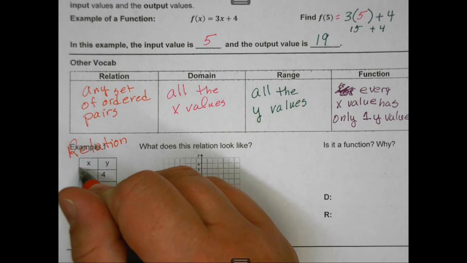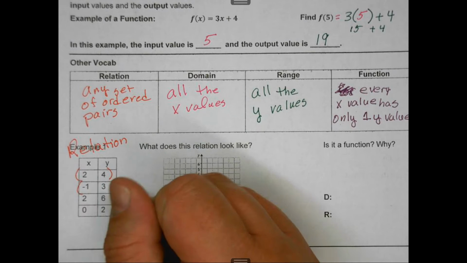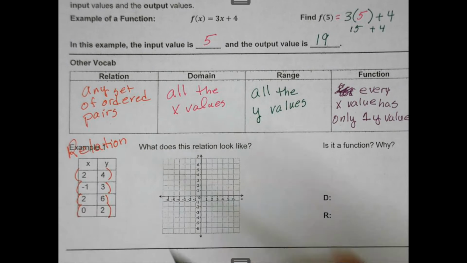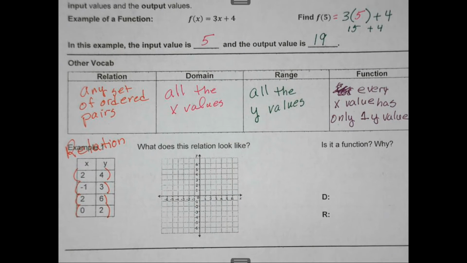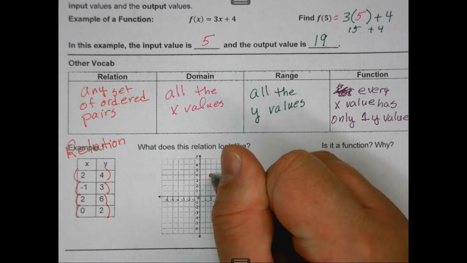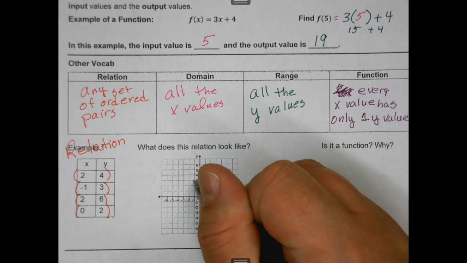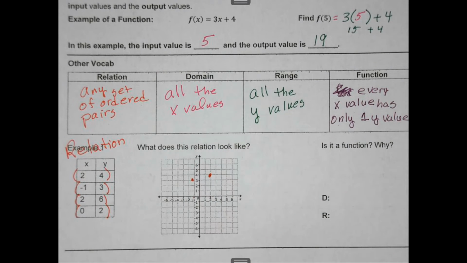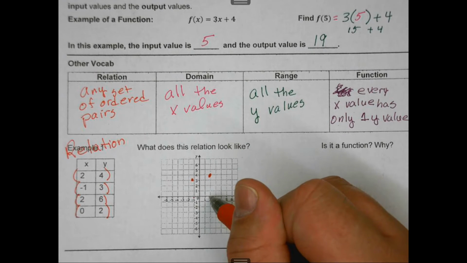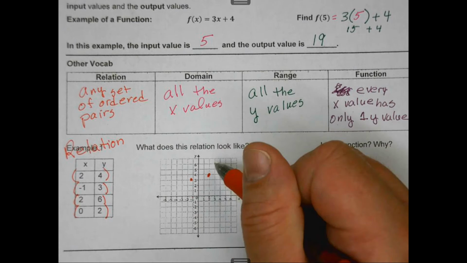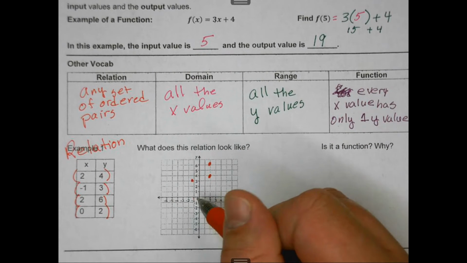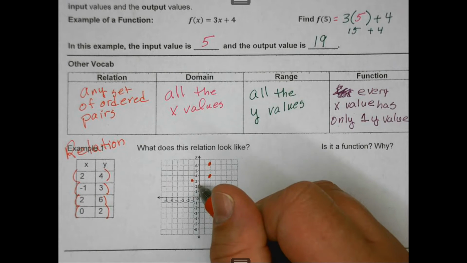Now, remember, these are our input values and our output values. So I'm going to graph those on the Cartesian plane. So I have 2, 4, -1, 3, 2, 6, and 0, 2. Okay.